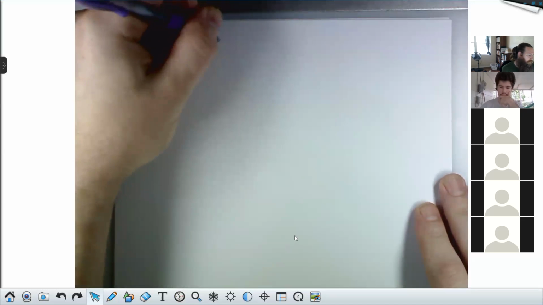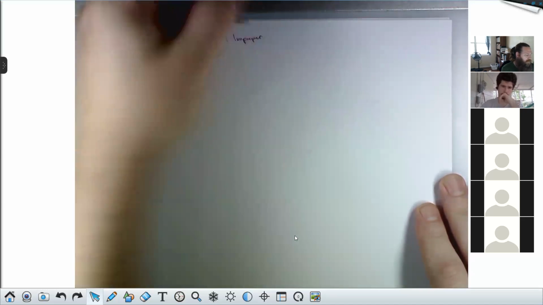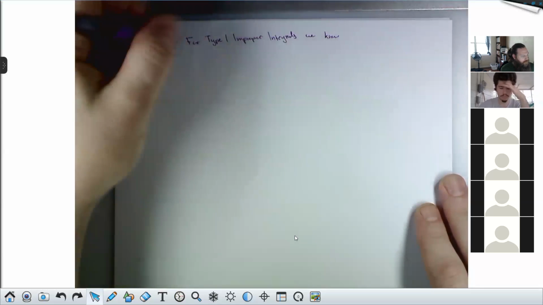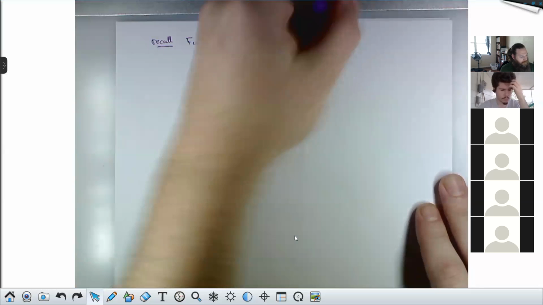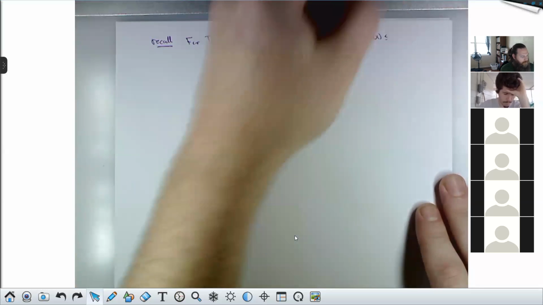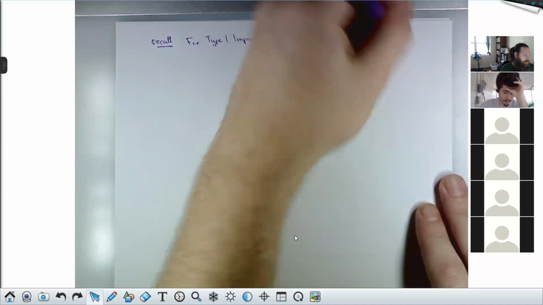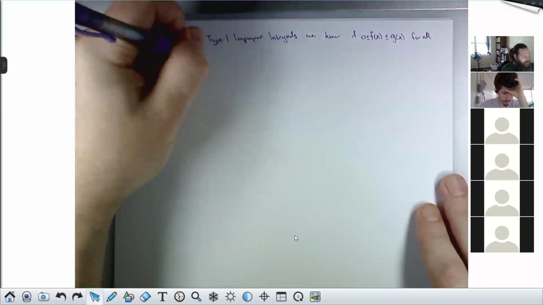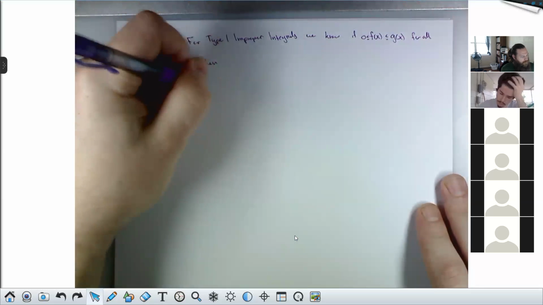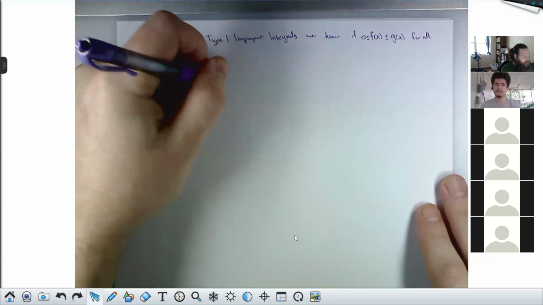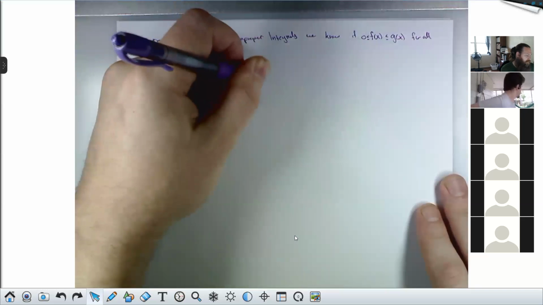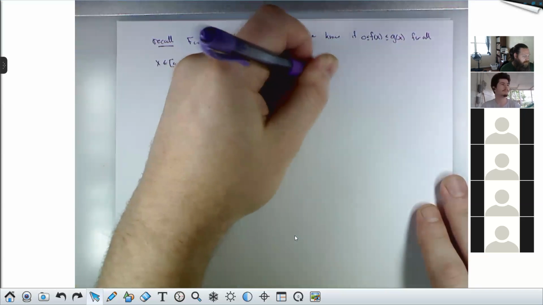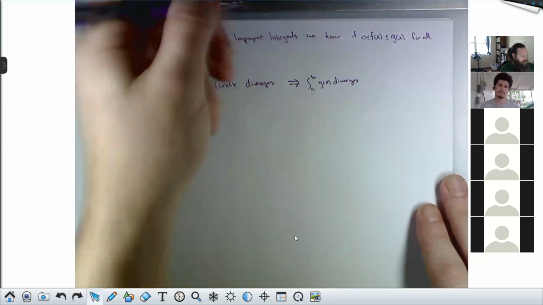For type 1 improper integrals, we know that if 0 is less than or equal to f of x, which is less than or equal to g of x for all x in the interval a to infinity, then if the integral from a to infinity of f of x dx diverges, that implies that the integral from a to infinity of g of x dx diverges. Oh, sorry, there should be a dx here.